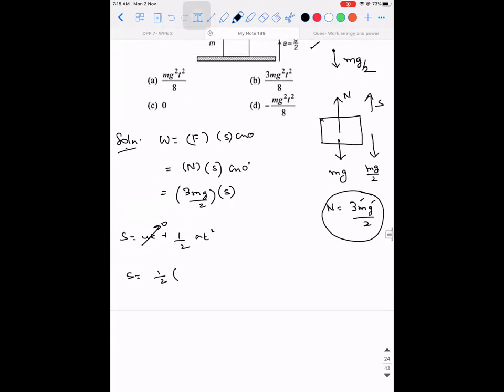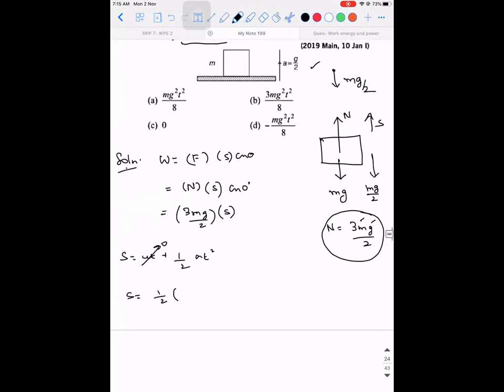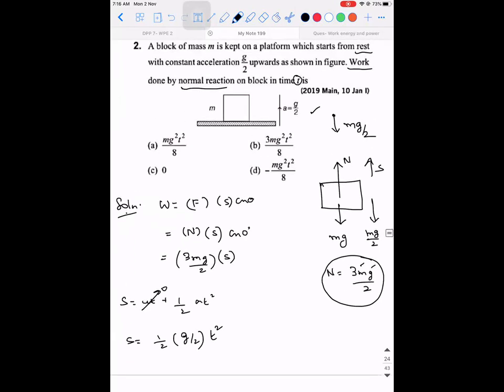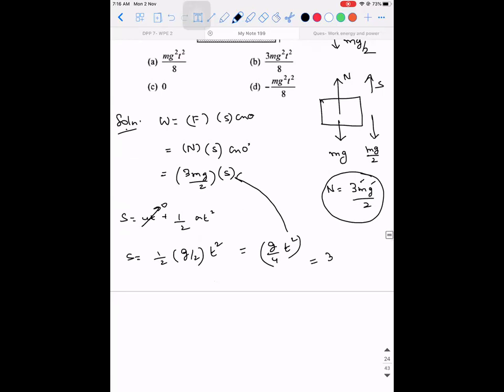They have mentioned it in the question. It is g by 2. So half into g by 2 into t square, so it is g by 4 into t square. Take this and substitute it here. What will be the answer? 3 mg square t square divided by 8.